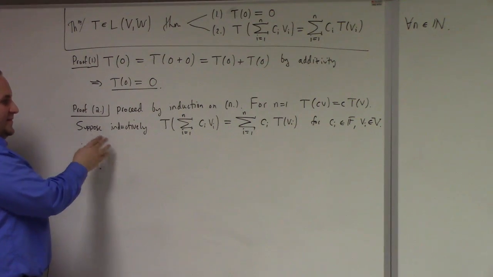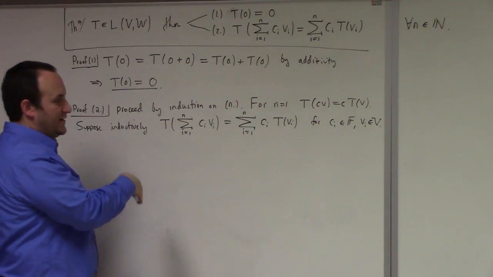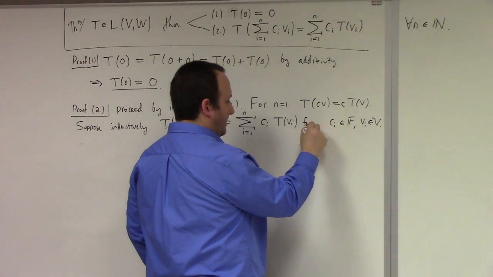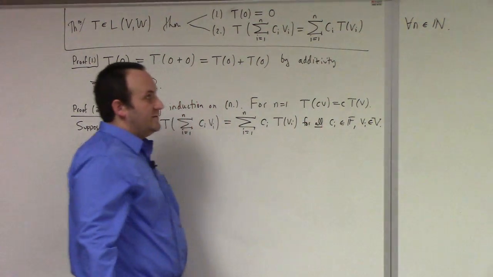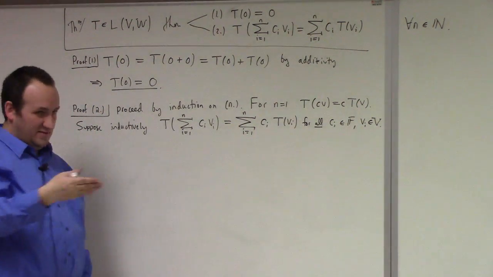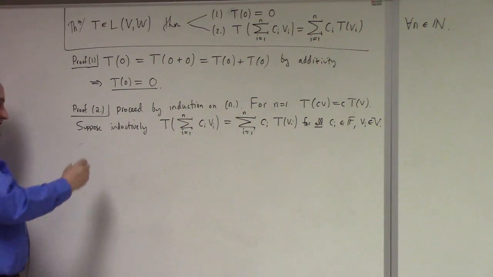Actually, it's not for some. Actually, this is true for what? We're assuming it's true for what? Right. The statement is that T preserves all linear combinations, not just one of them, all of them, right?